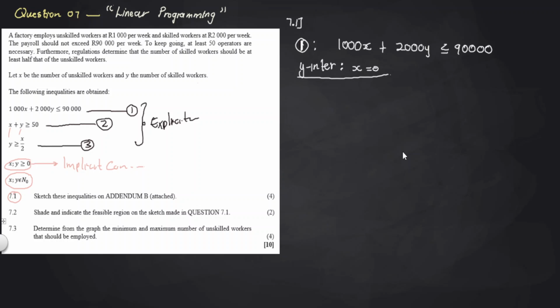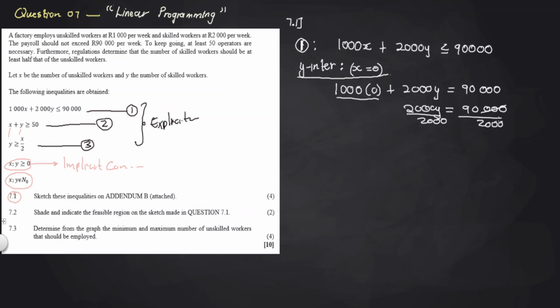So 1000(0) + 2000y = 90,000. I'm removing the inequality sign in this case. 1000 times 0 is 0, so 2000y = 90,000. Divide by 2000 on both sides: 90 over 2 is 45. So y is 45.